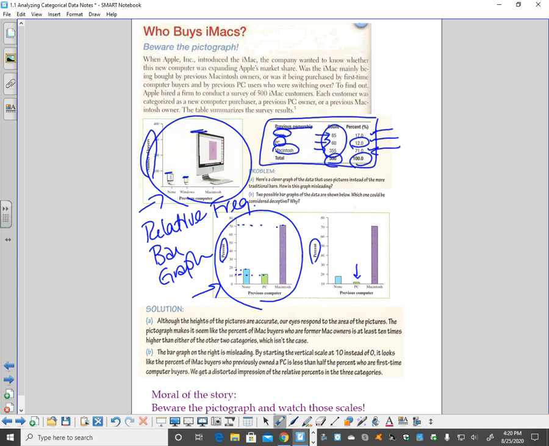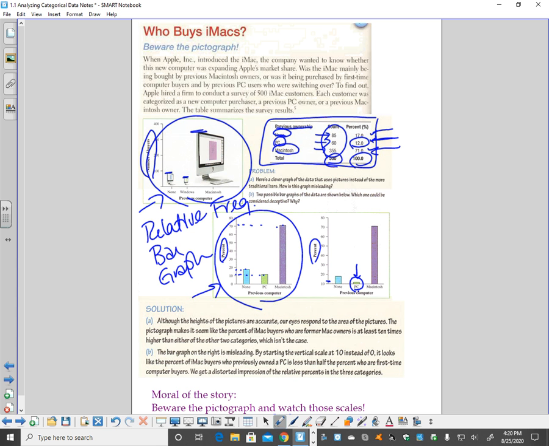Well, if we're starting at 10, yep, 12% would be just about down there. But doesn't that make previous PC owners look like a tiny, tiny, tiny percent of new iMac buyers? I mean, it's 12%. That's over a tenth. That's 1 out of every 10 people have owned a PC before and are switching over to Macs.